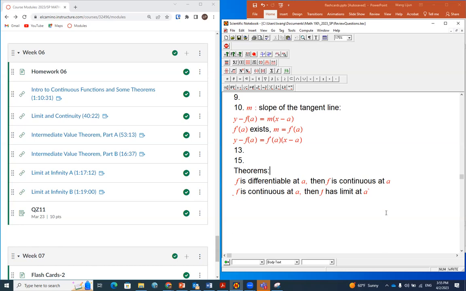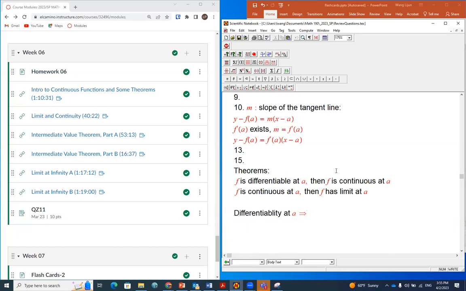What does that mean? It means that I'm going to put three categories. Differentiability at a implies continuity at a.